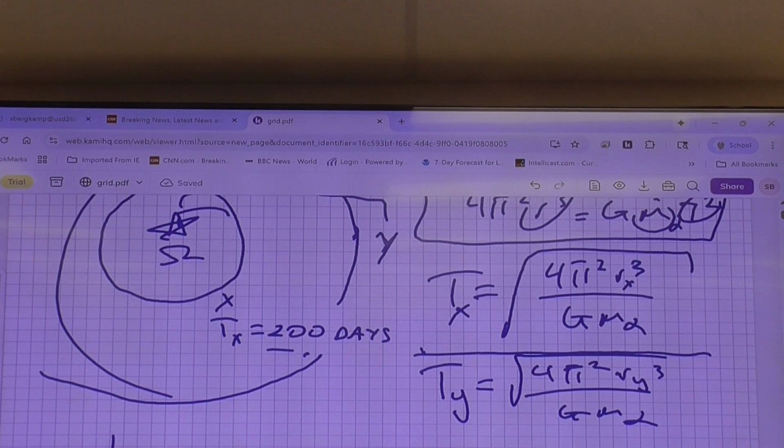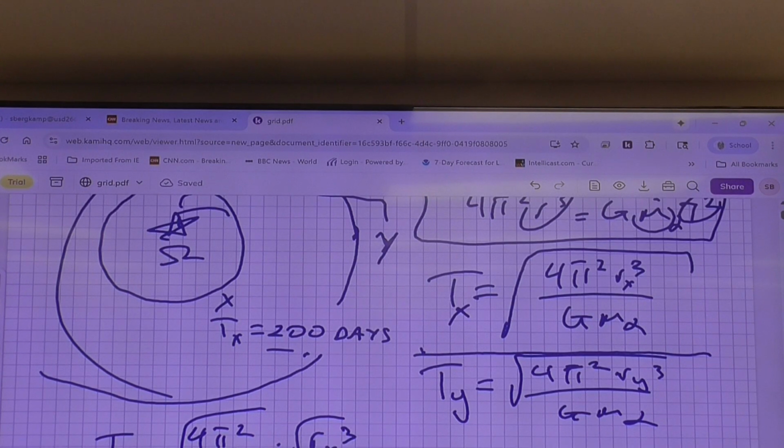So all I'm going to do is rewrite this as period of X is equal to the square root of 4 pi squared over big G mass of Alpha, times the square root of Rx cubed. All I did was separate that out. Didn't do anything weird, I just separated it out because it's all underneath the radical. And then I'm going to do the same thing down here with period Y.